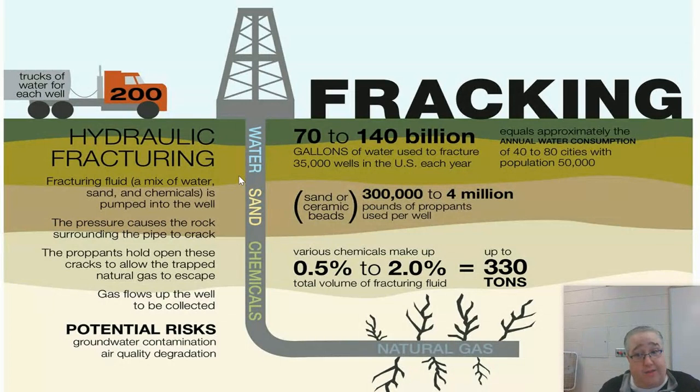There are thousands of these wells in our country. Every single one of them, 35,000 wells. And this statistic might be a little bit old. It might be closer to like 40 or 45,000 now. But we use 70 to 140 billion gallons of water to frack all of those wells. I mean, this is a tremendous amount.